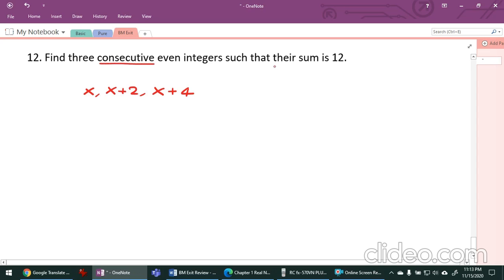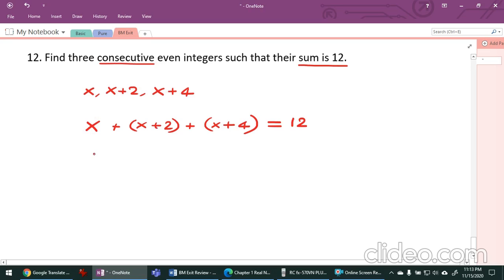Now what they are telling, the sum should be 12. Okay, that means x plus x plus 2 plus x plus 4. The sum of all these three numbers should be 12. So numbers should be even, numbers should be consecutive, next to next. It should be close. Okay.